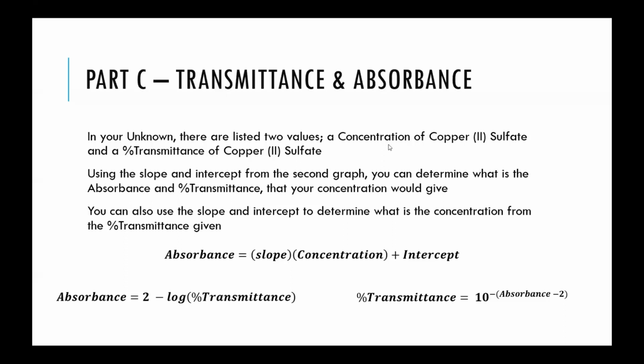So in your unknown sample, you're given both of those, and you're going to use these equations to determine, given concentration, what is the transmittance? Given the transmittance, what is the concentration? And you're doing this all based on the equations developed from graphs.